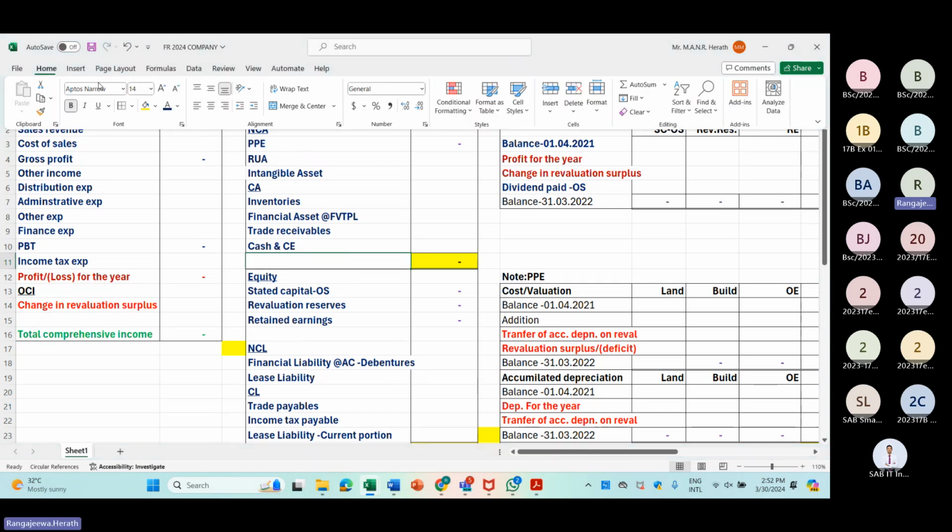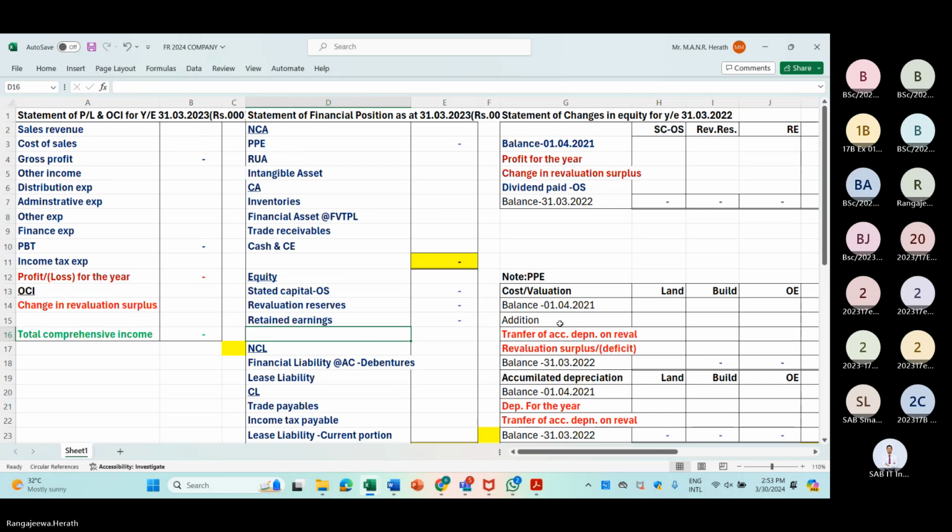Trade receivable, cash and cash equivalent.